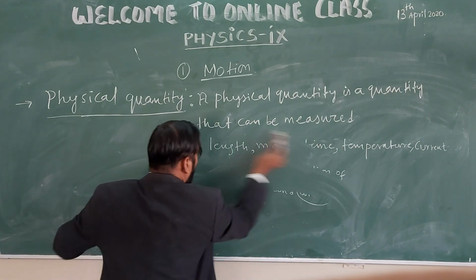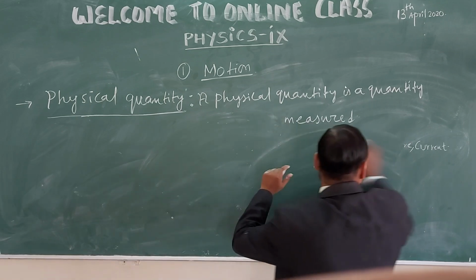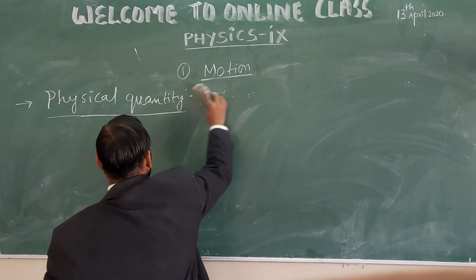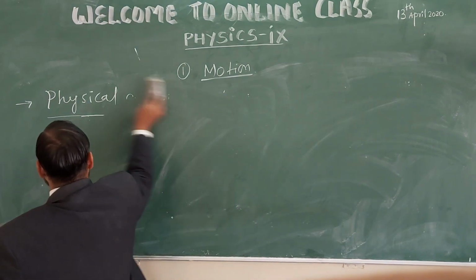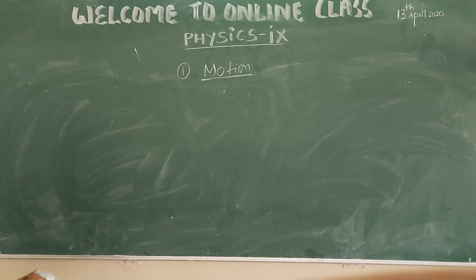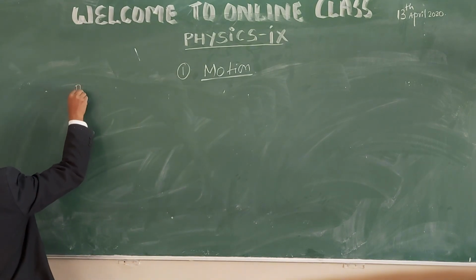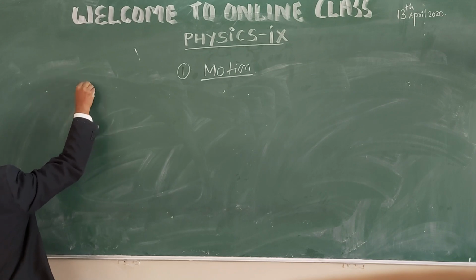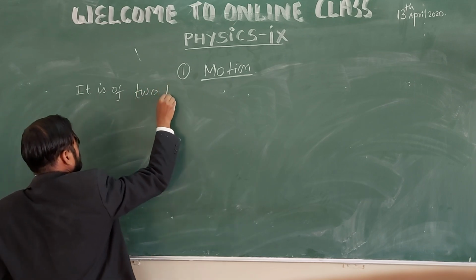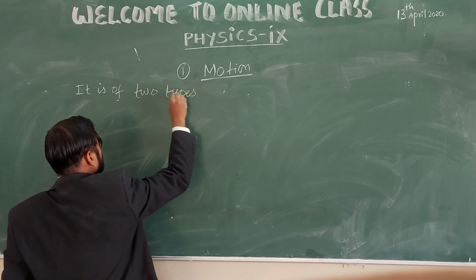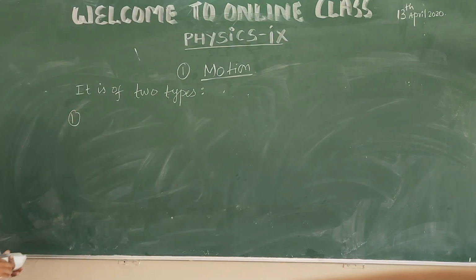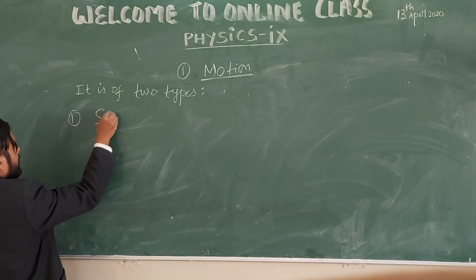Now write down, it is of two types. Number one, scalar quantity.